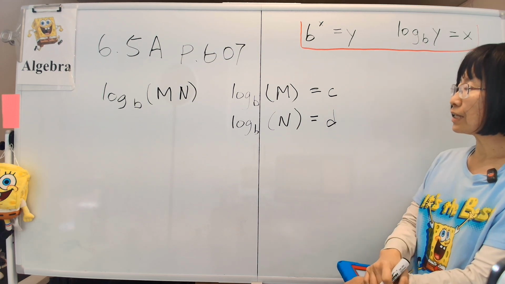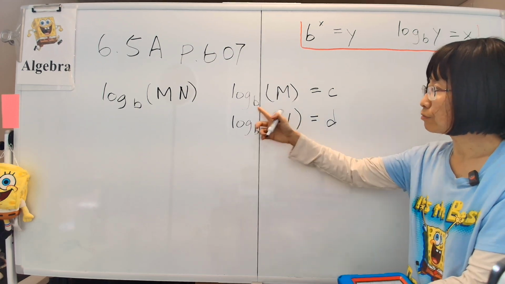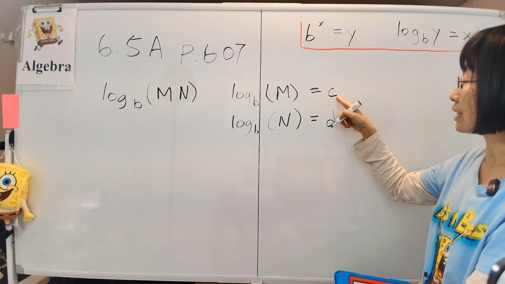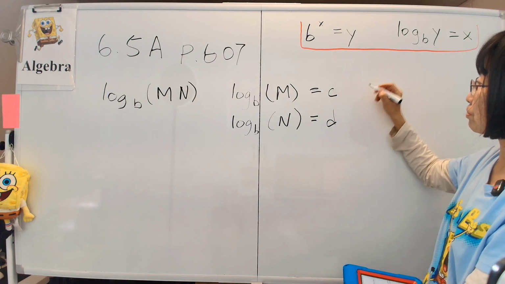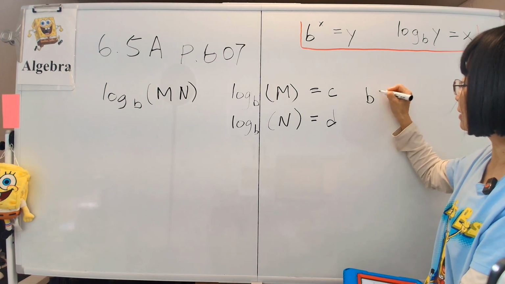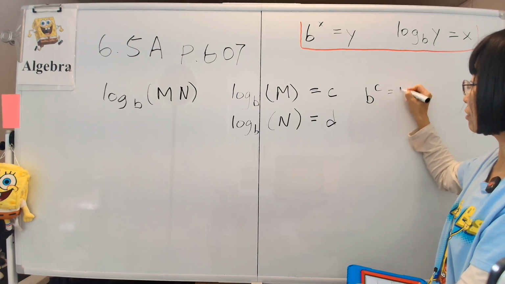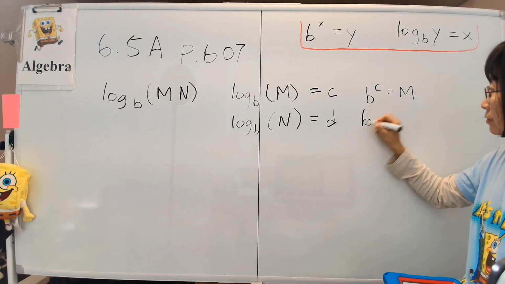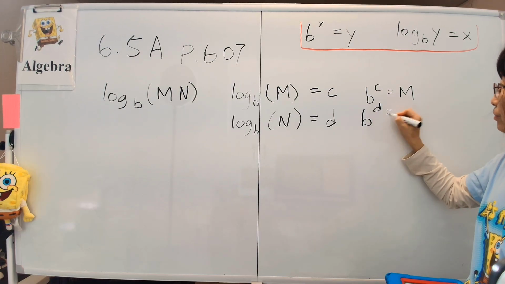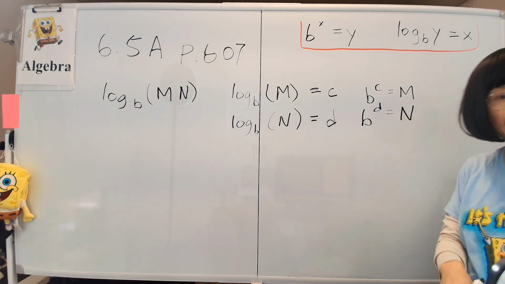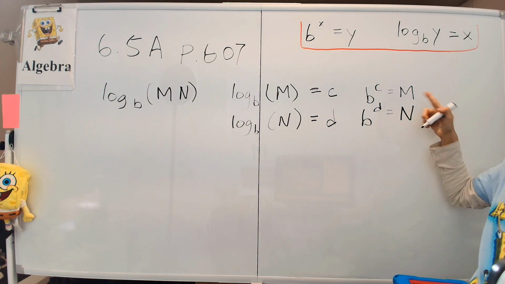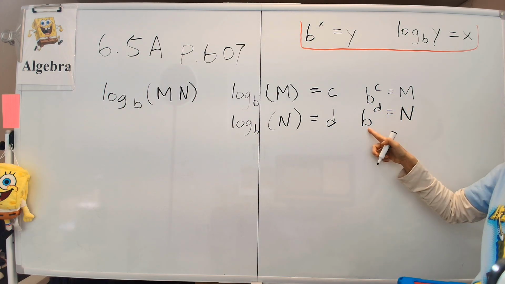Okay, so then what this means, following this principle, is that b to the power c is going to be equal to big M, and b to the power d is going to be equal to N. As a result, M is this thing and N is this thing, all right?